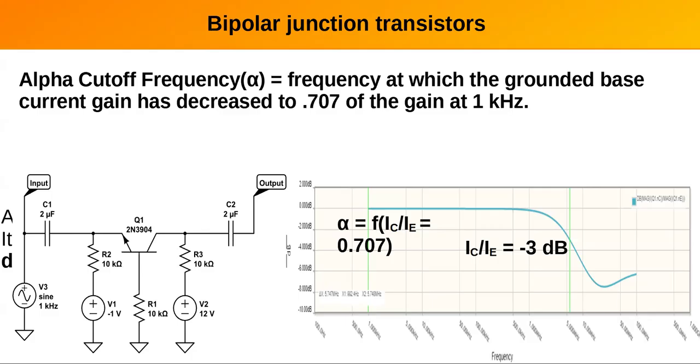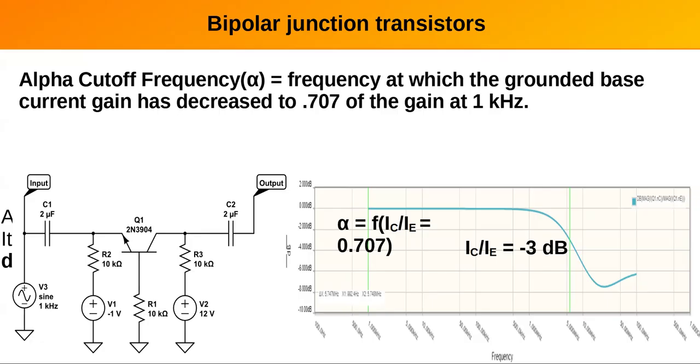I don't know why we care, but it's defined as basically the half power point or 3 dB point when you have a grounded base configuration, the 3 dB down point relative to the gain at 1 kilohertz in that amplifier.